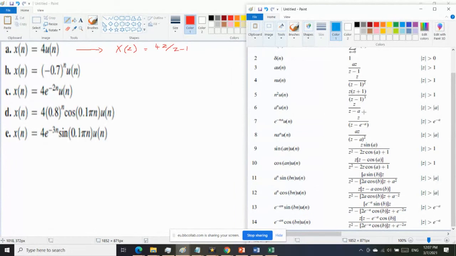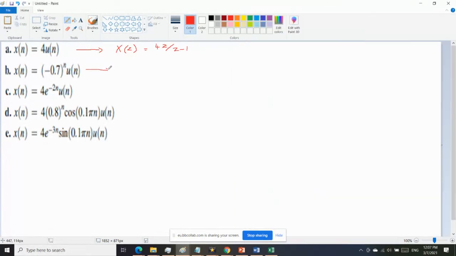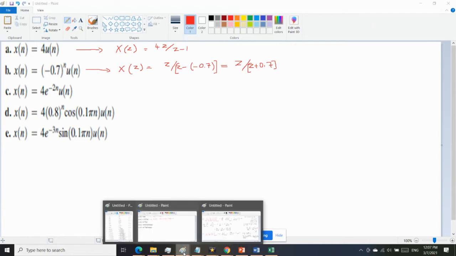So it becomes Z over Z minus A, so it becomes Z over Z plus 0.7.